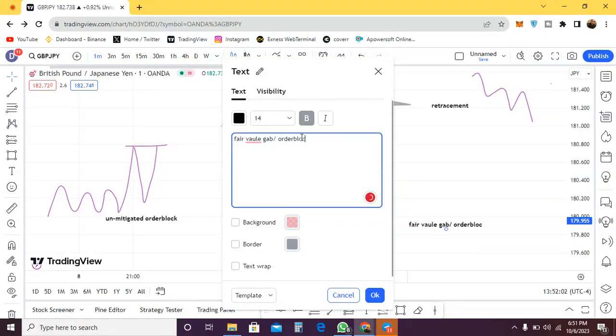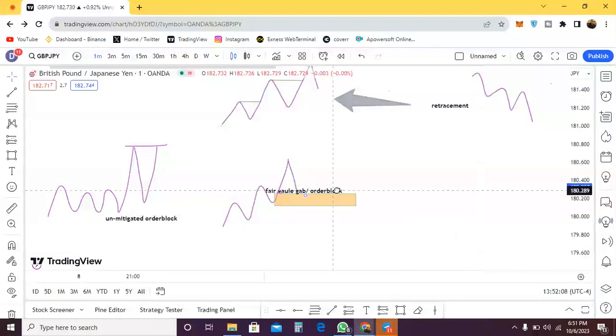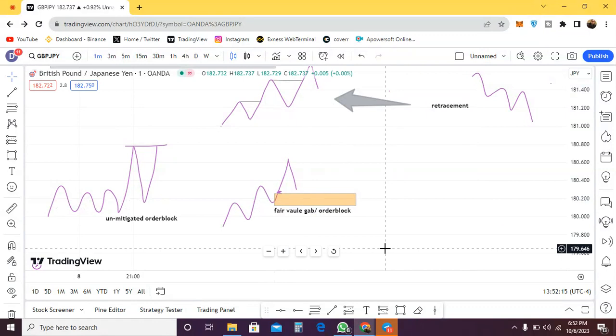Sorry. Now for a retracement, we could be seeing the price take on a fair value gap or an order block. I'm just trying to give you a key to what we are going to be doing when we go to the chart so that you don't get confused.